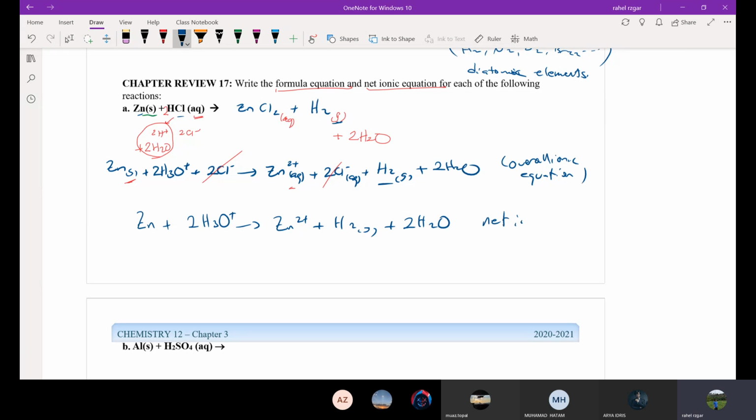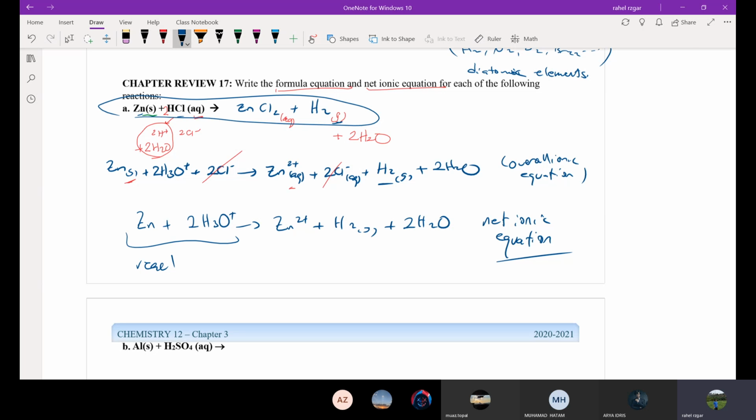These are the net ionic equation. So if it says, what are the reactants of this reaction? You will say the reactants are zinc and H3O.